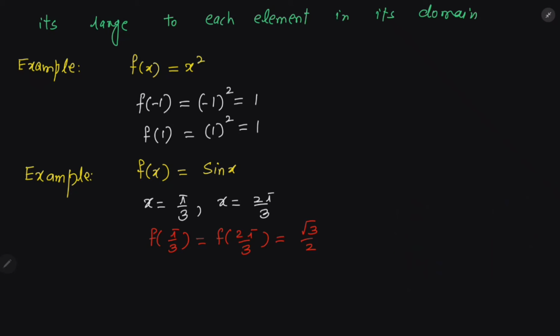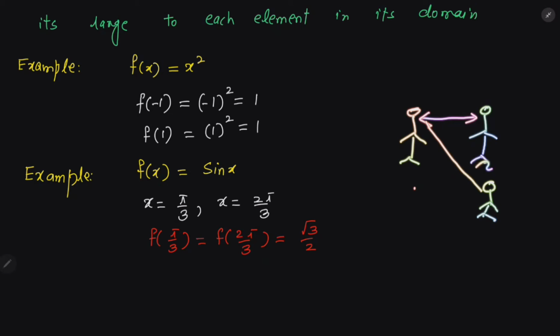Okay. So it means that one-to-one is similar to a person sitting one-to-one with another person. So this is an example of one-to-one. Okay. If we have one person talking to maybe a group of two people, then it is not one-to-one.